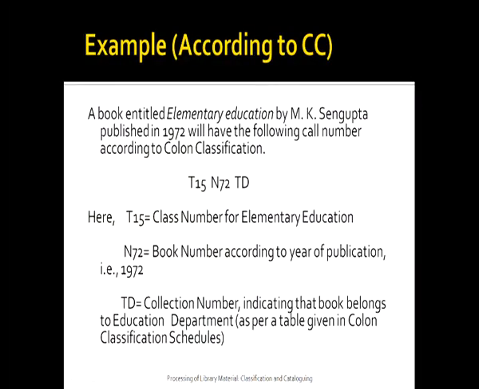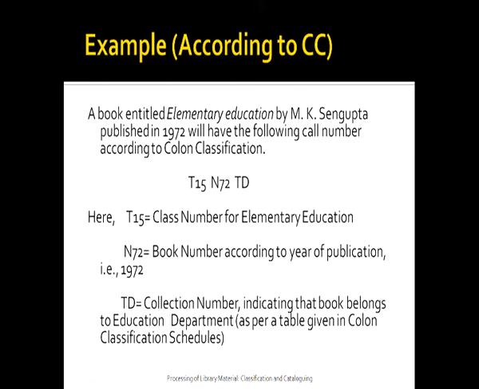Now, let us take a look at an example according to the colon classification. A book entitled Elementary Education by M.K. Sengupta, published in the year 1972, will have the following call number according to colon classification. It will be T15 N72 TD.